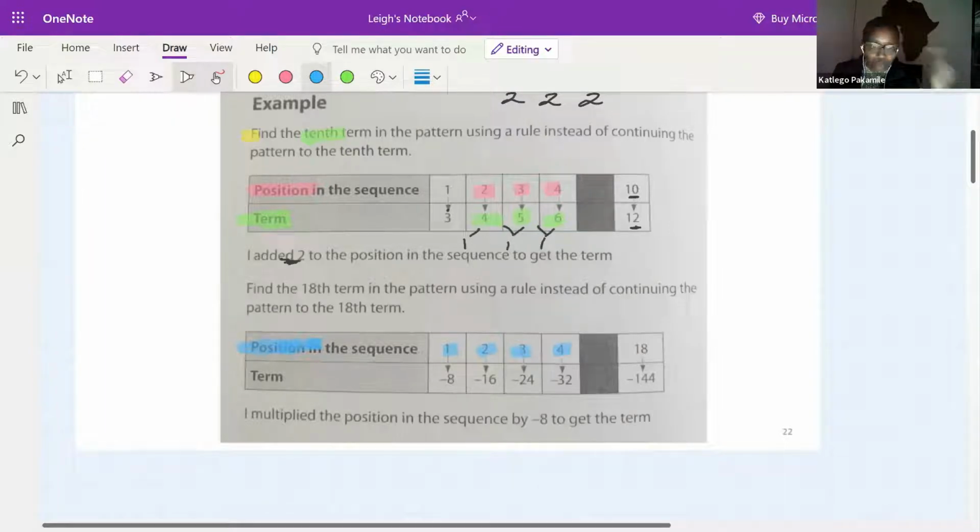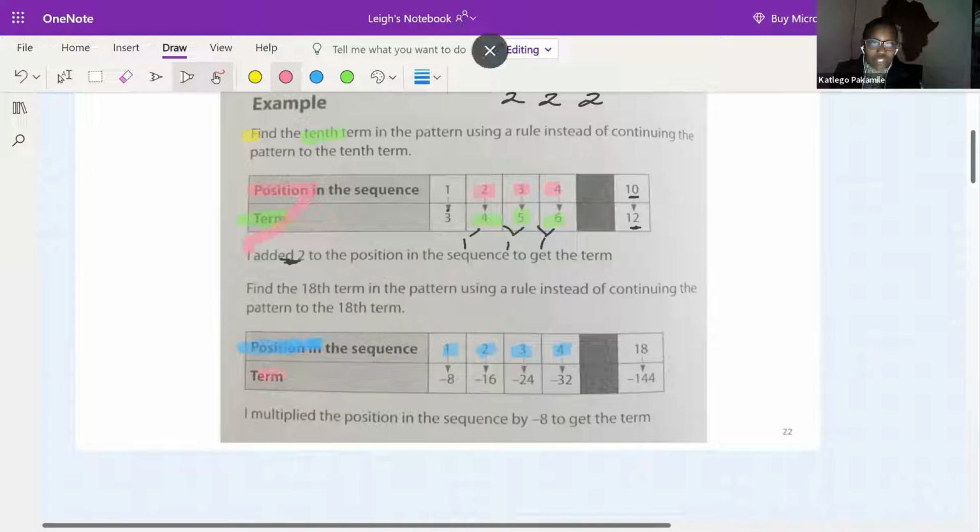So 1 means it's in first place. Okay, 2 means it's the second place. 3 means it's the third place. 18 means it's the 18th place. Okay, so position means where does this number stand in our pattern? And then you have the term.